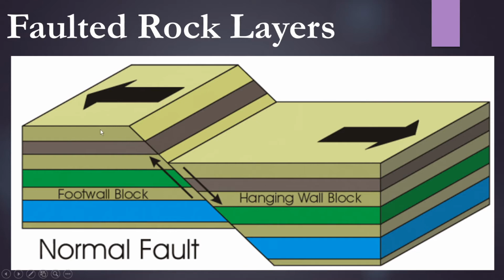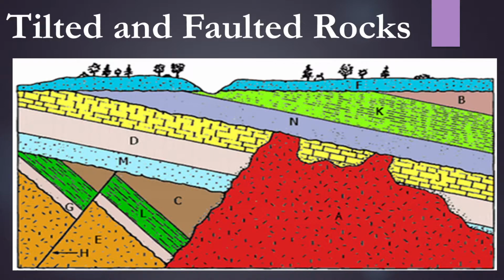Oh, well, these rocks here must be younger than these rocks. Well, no. You would have to do further investigation and realize, wait a second, there's a fault here. These rocks and these rocks are actually the same age. You would actually have to figure that out. So, disturbing rock layers, the law of superposition doesn't work as well.